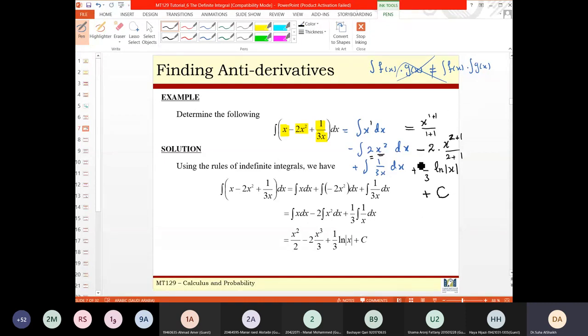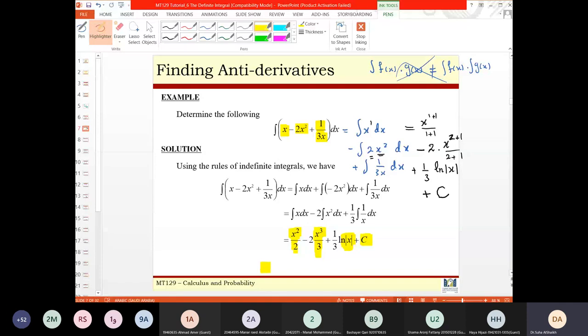From here there's a constant, from here a constant, from here a constant. All of them are added into one constant that we call c. So the integration is equal to x squared over 2, minus 2x cubed over 3, plus 1/3 ln absolute value of x, plus c. And this is the result of the integration.